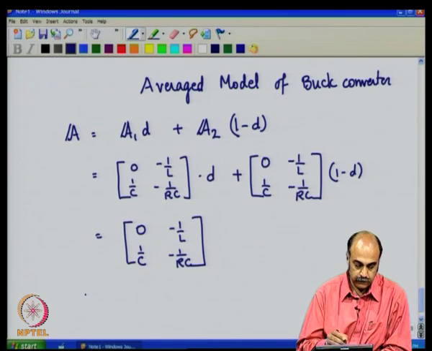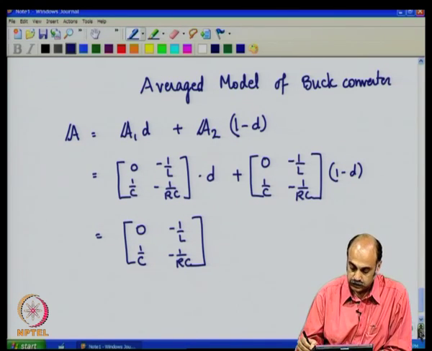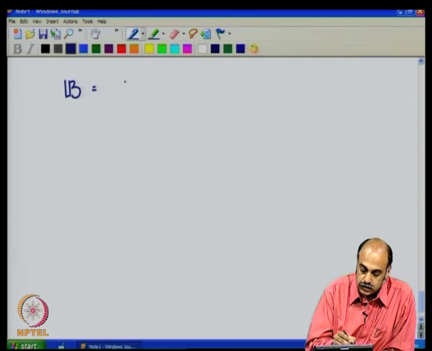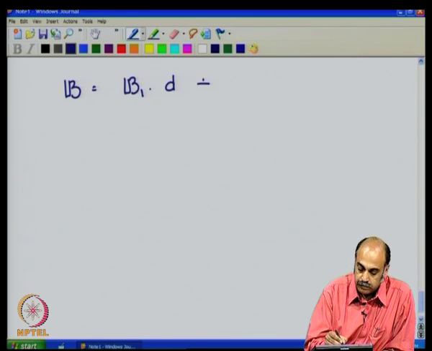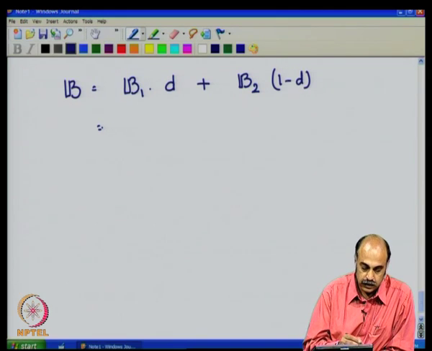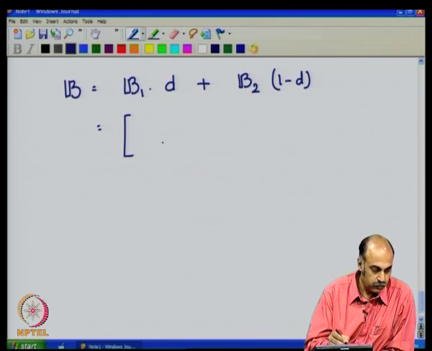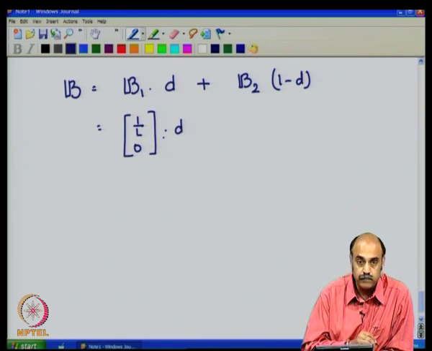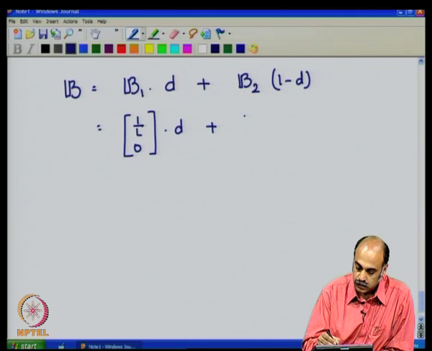Now, if you take the case of the B matrix, the B matrix equals B1 into D plus B2 into 1 minus D, and we saw that B1 is 1 by L and 0 in this first case, which is multiplied by D, plus B2, which was 0 in this case.